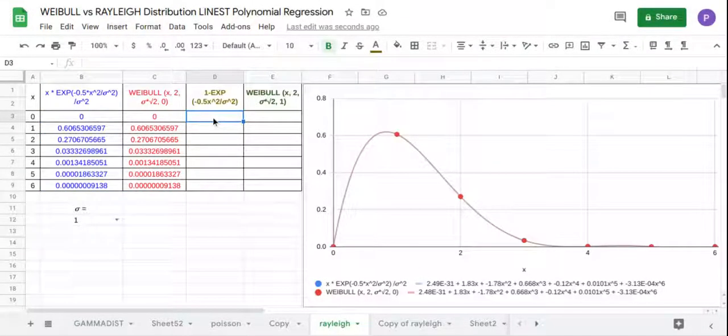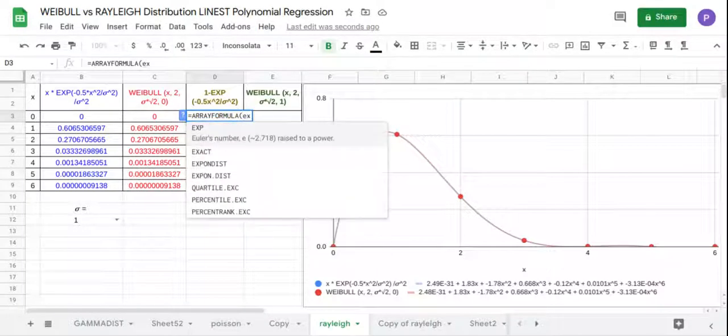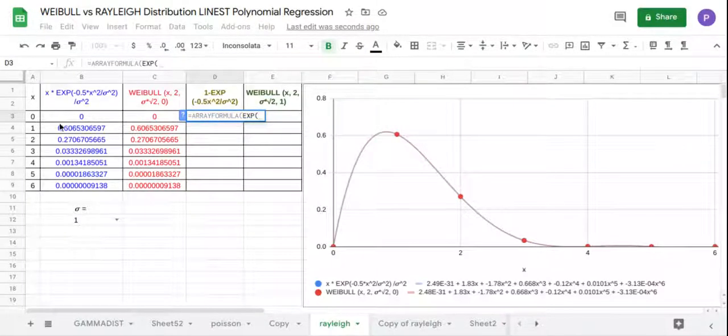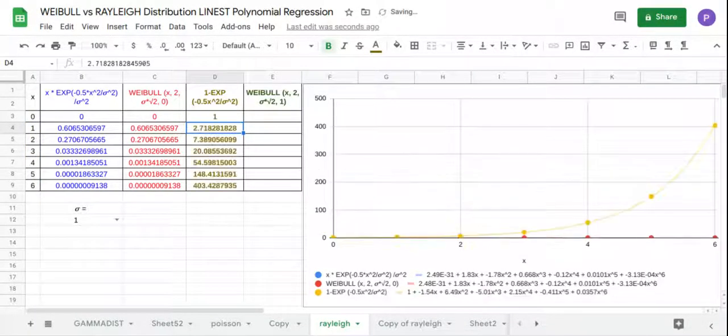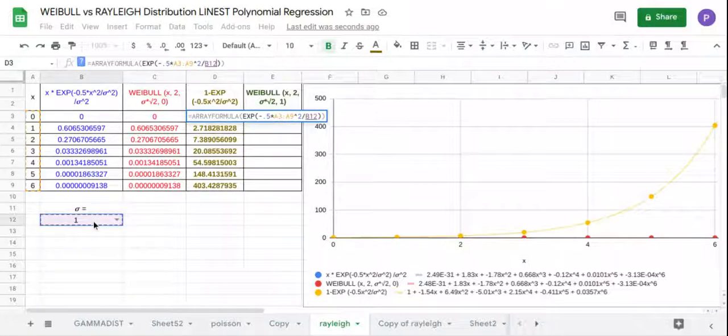Now we continue with the cumulative distribution function of Rayleigh, which is equal to our formula. Let's start with the exponent of the x values. Next, it's negative 0.5 x squared. So that's minus 0.5 times x squared, raised to the power 2, divided by sigma squared.